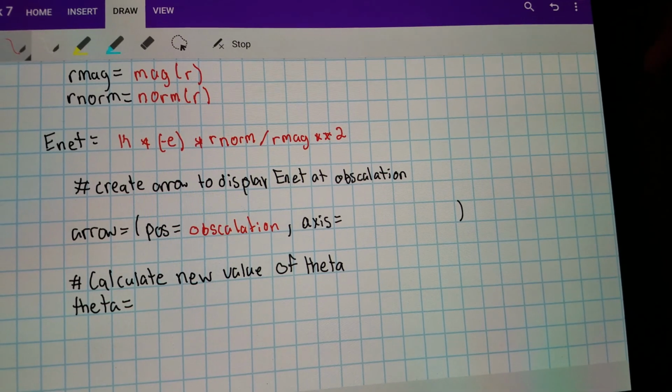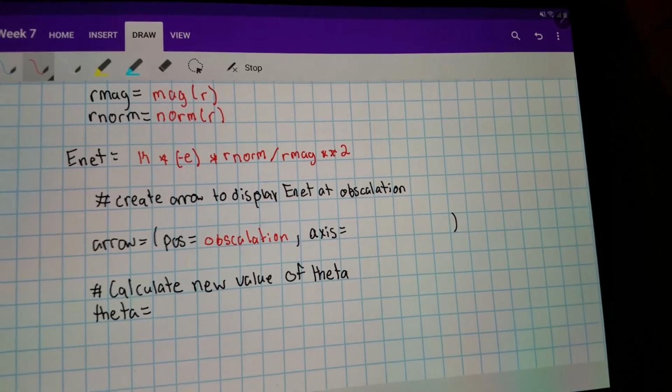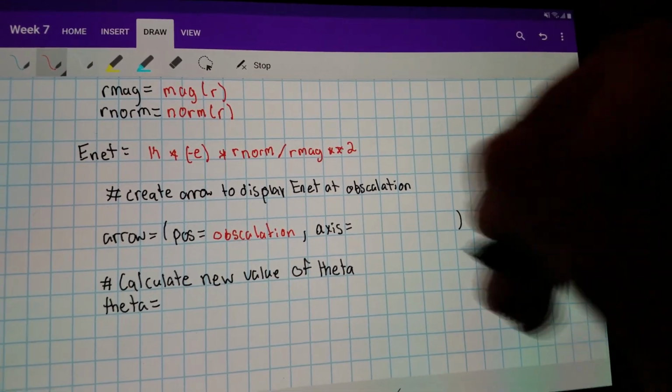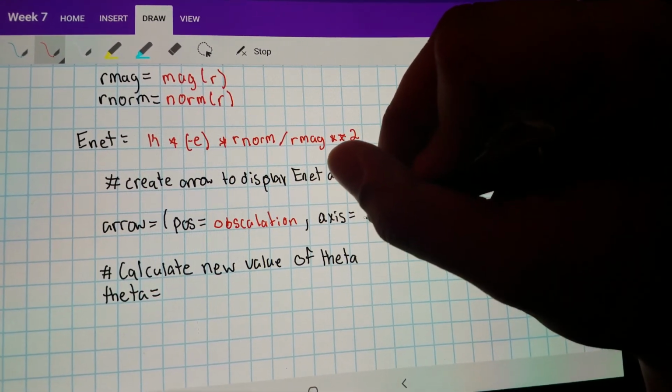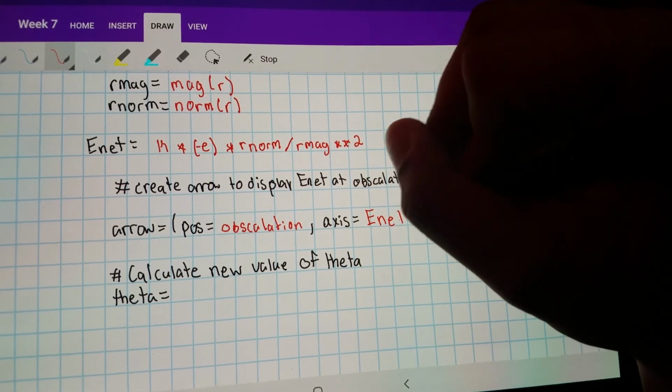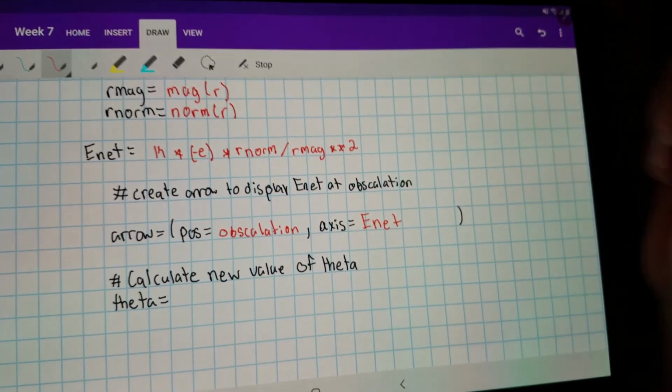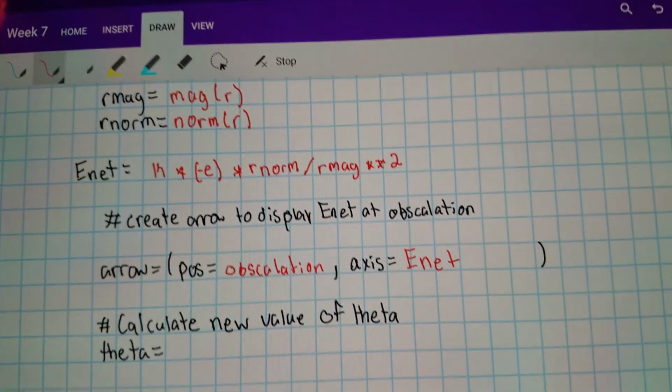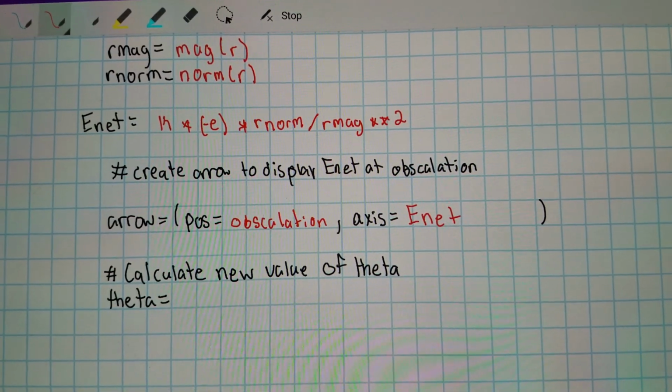And then our axis is actually going to be our E net, especially because it does not ask for a scale factor. We do not have one. When it usually asks for axis, it's usually going to be set to your E net.